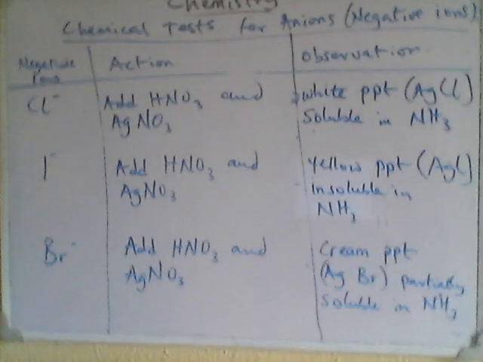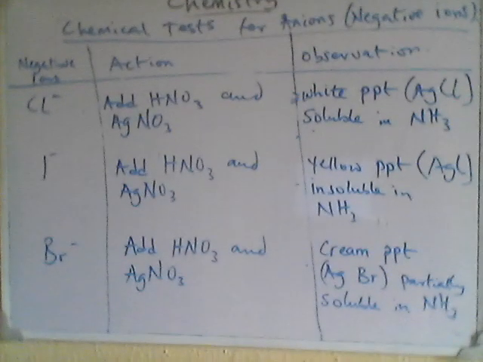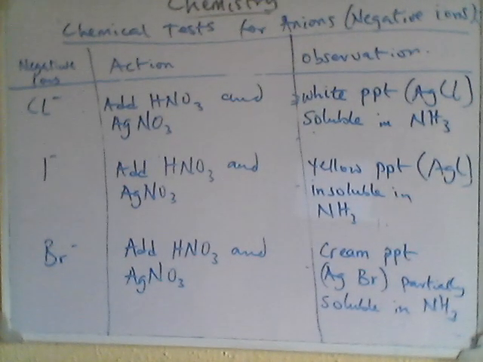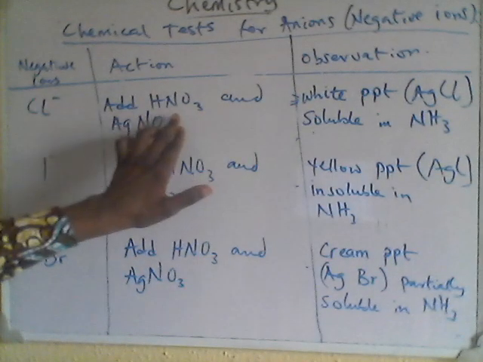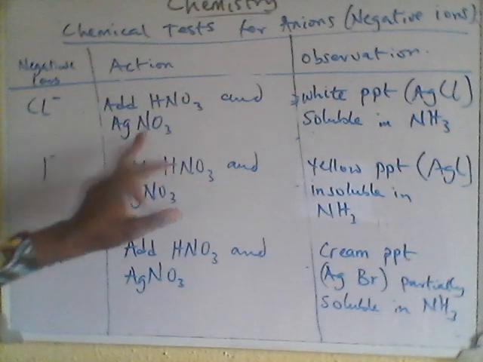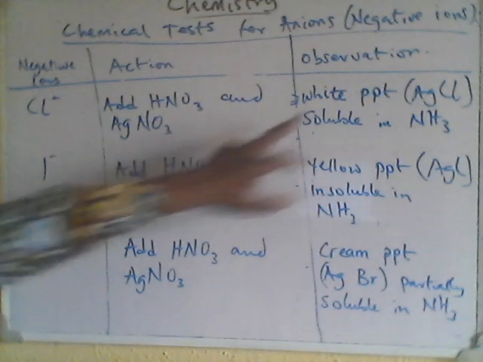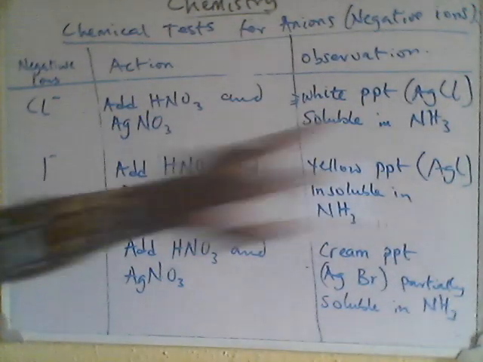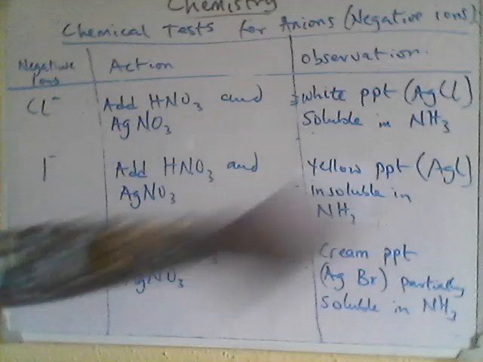Okay, so for these other sets, mostly halogens I have here. So chloride ion, if you add nitric acid and silver nitrate, what you observe is a white PPT, that is of silver chloride, soluble in ammonia.